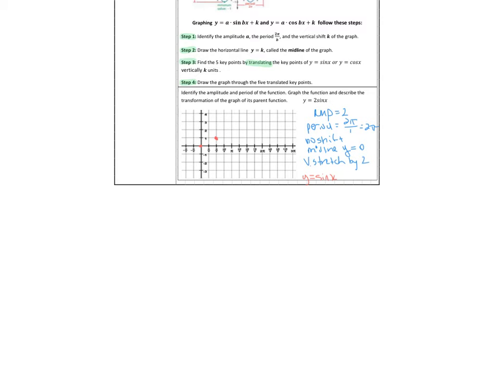And then at pi, we go back to 0. And at 3 pi over 2, we go to -1. And then at 2 pi, we go back to 0. So that's what one cycle of a sine function looks like.